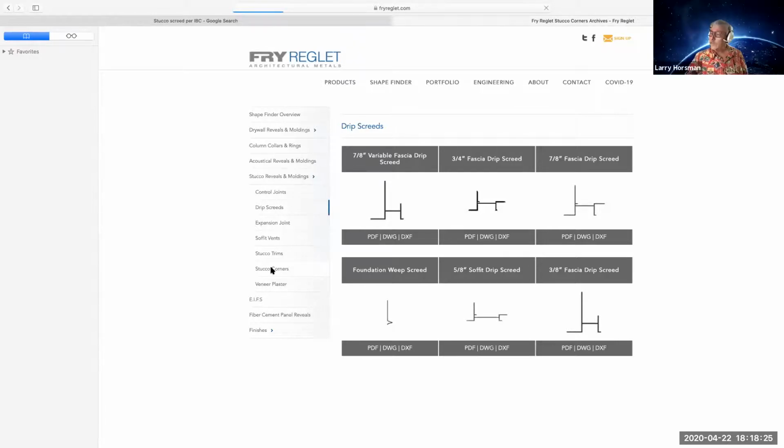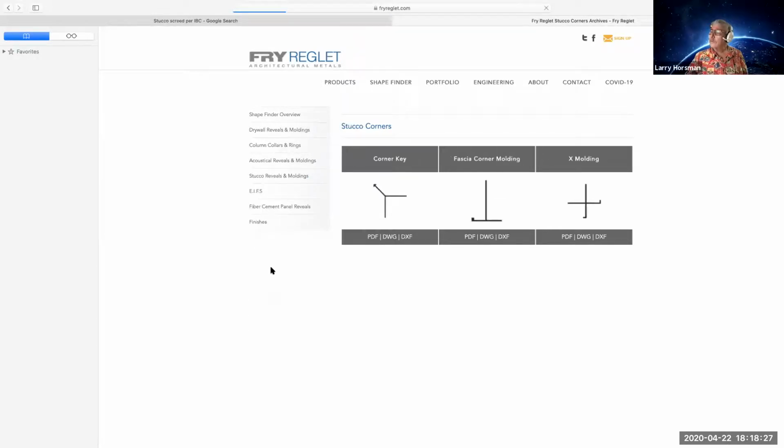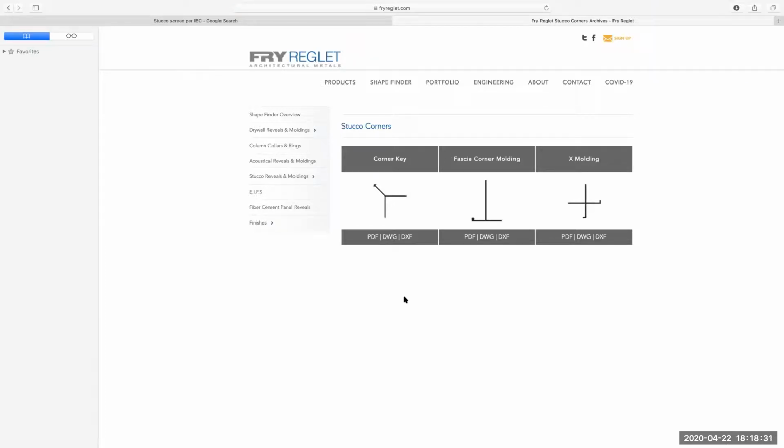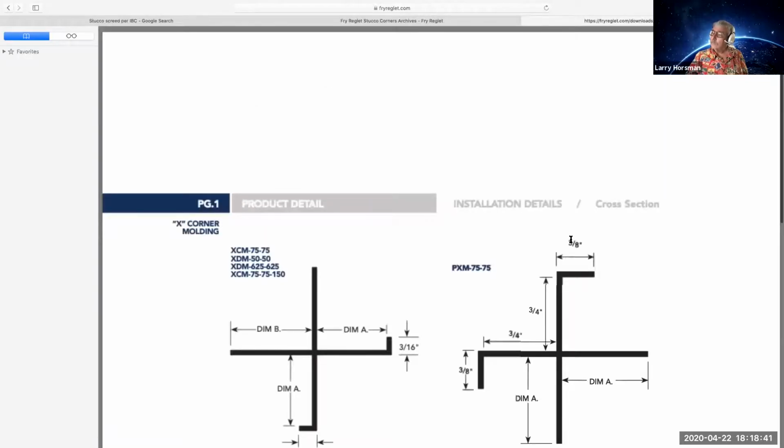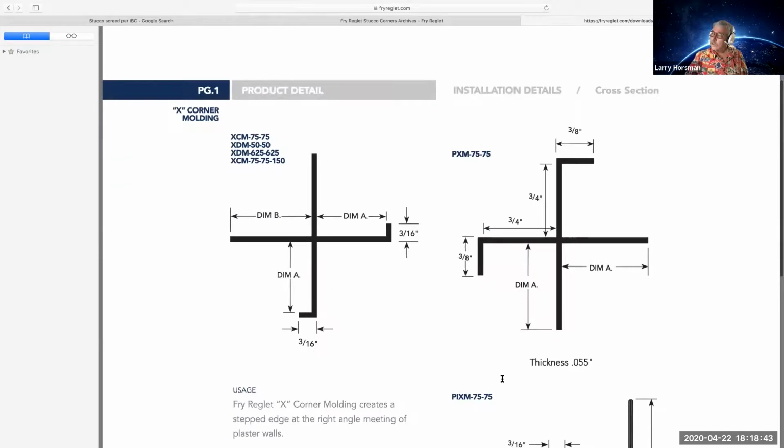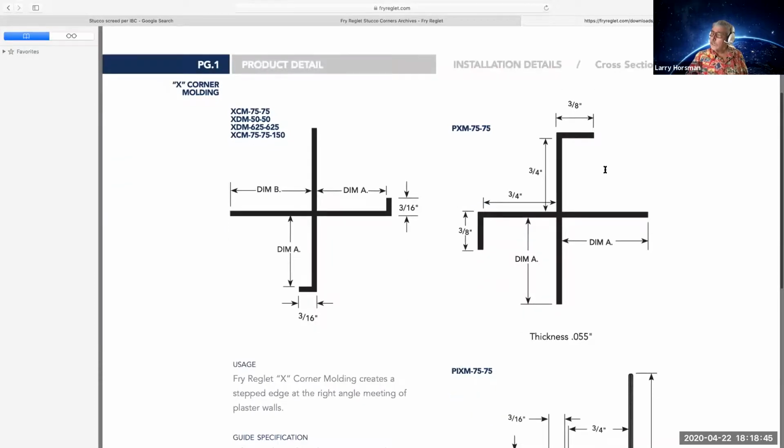Yeah, and so this one is popular for a corner. Right, so the stucco would key in from this side and the stucco would key in from this side. This little part here nails into the framing.